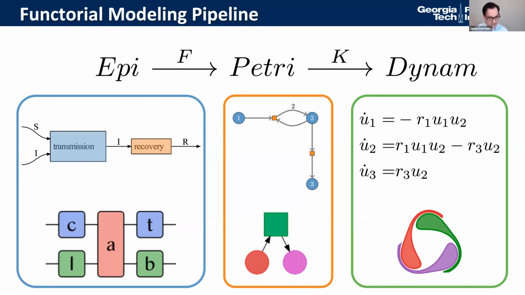I think that's an interesting way of saying, I don't care about solving all possible dynamical systems. I just care about solving dynamical systems that come from epidemiological models. How do you make that rigorous? And I think this is a good way of doing that.